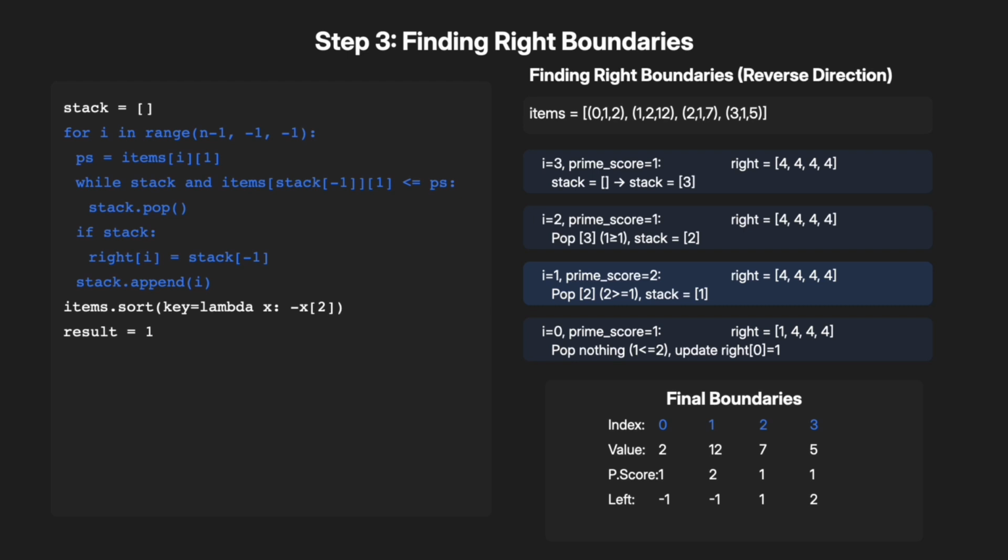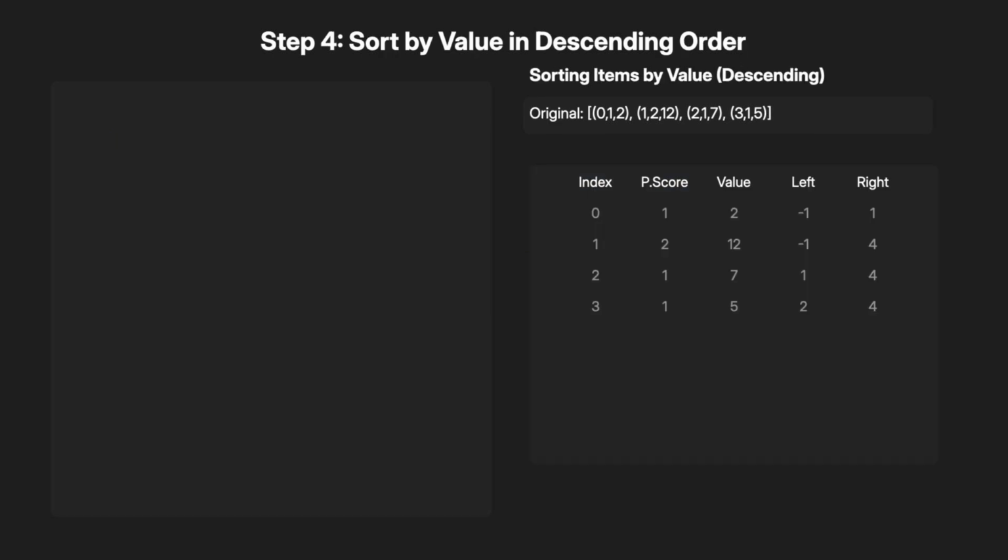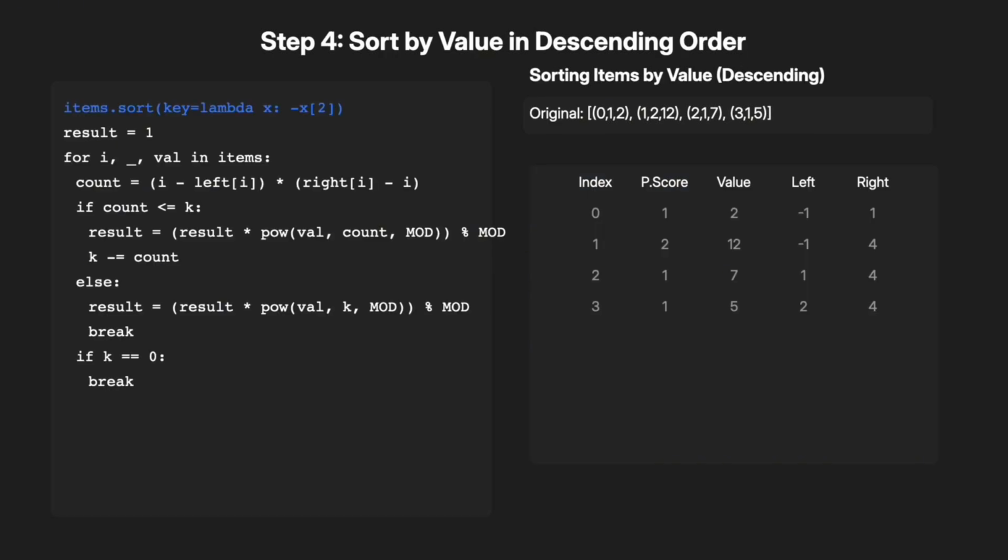Together with the left boundaries, this allows us to count how many subarrays have each element as their prime score champion. For our greedy approach, we sort the elements by their values in descending order. This is crucial because we want to prioritize higher values in our operations to maximize the final score. The sorted order ensures we apply operations to the most valuable elements first, as long as we stay within our k operation limit.